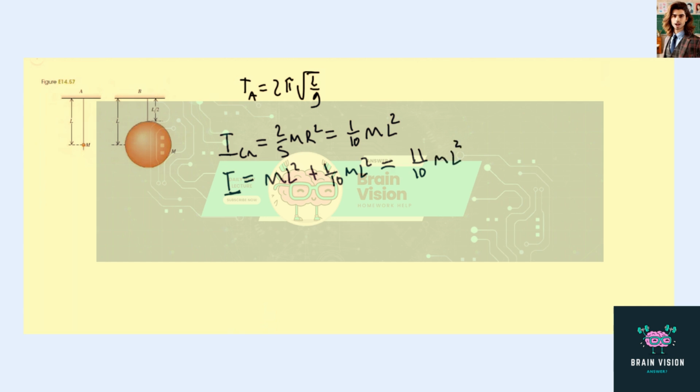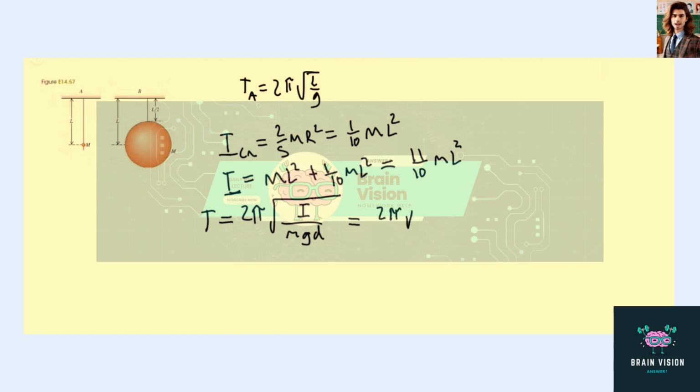m L squared. Okay, and then to find the period, we look at the square root of the ratio of the moment of inertia to the m g d, where d is the distance, it's the length of the pendulum.